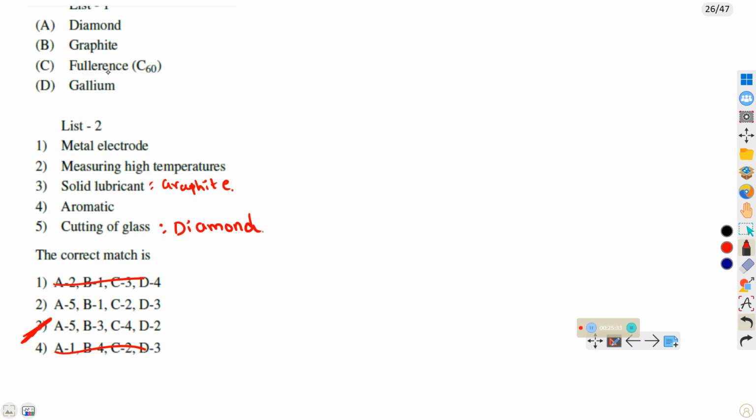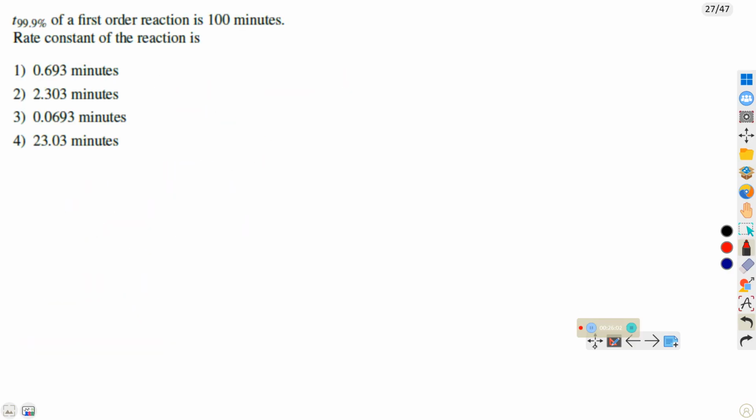Next, fullerene. Fullerene is aromatic. Gallium has a low melting point, and it is a liquid at slightly above room temperature. Because it melts at a high temperature, it can be used in high temperature thermometers.